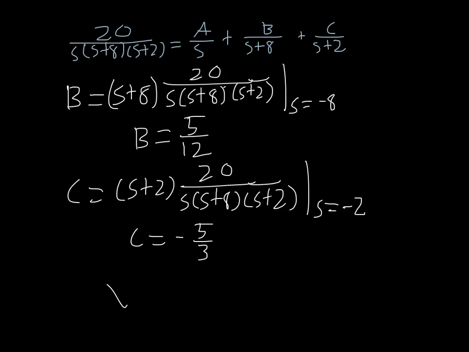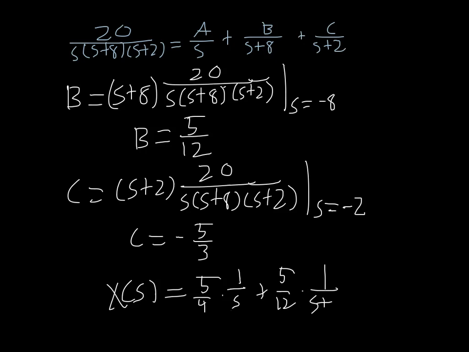That's going to be X of s is equal to the coefficient A, which was 5/4, times 1 over s, plus B's coefficient, 5/12, times 1 over (s plus 8), plus, actually minus 5/3 times 1 over (s plus 2).